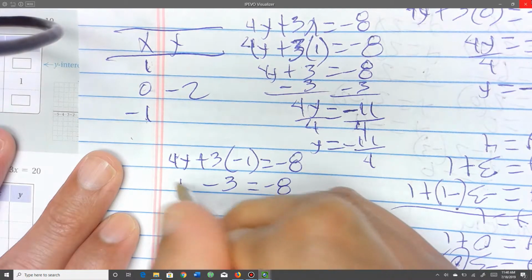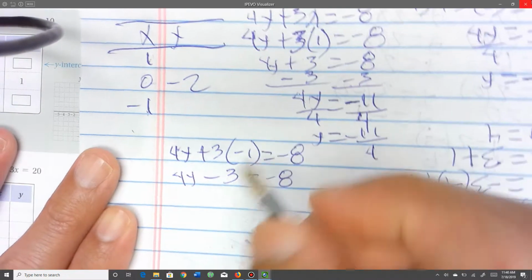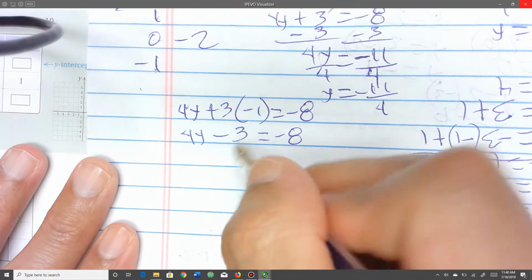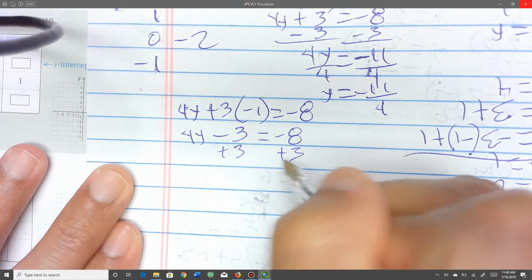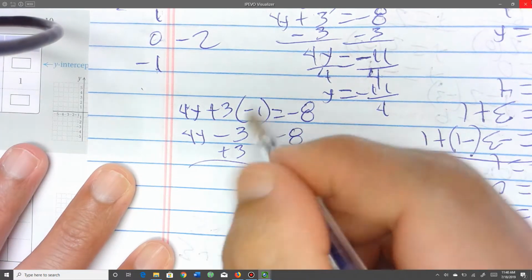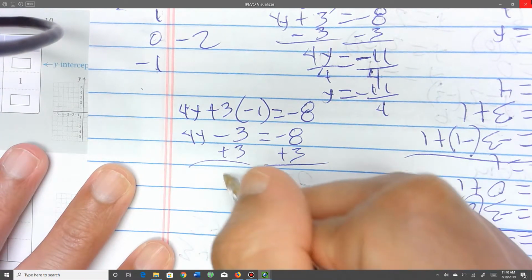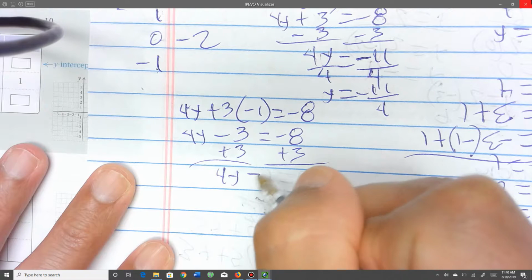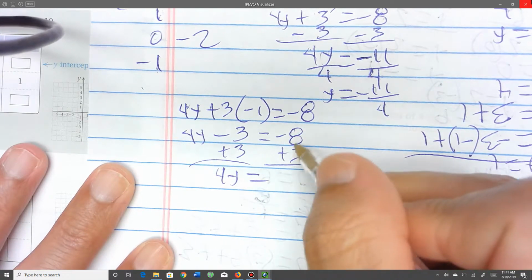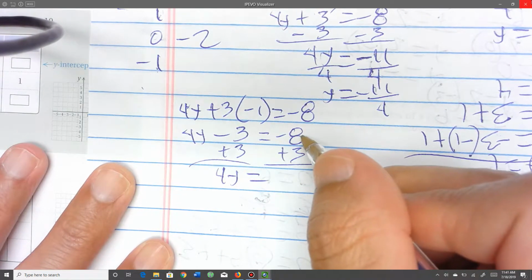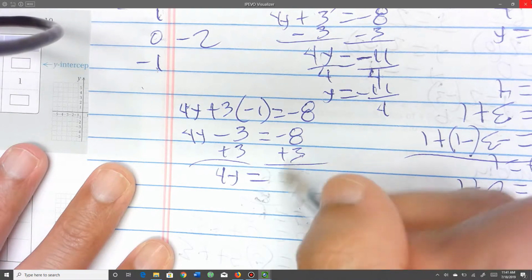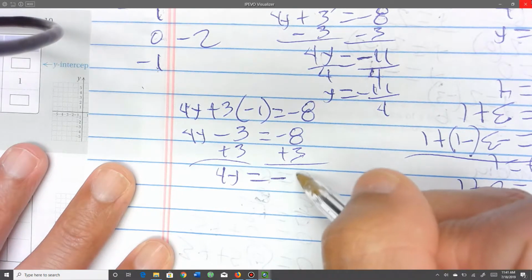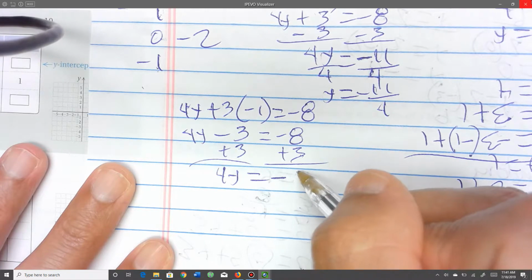Rewrite everything else. Use the addition principle here. Add 3 to both sides, and that adds up to 0. Rewrite everything else. This is a subtraction. Subtract the smallest one from the largest one. 8 minus 3 is 5, and keep the sign of the largest value. That's 5.